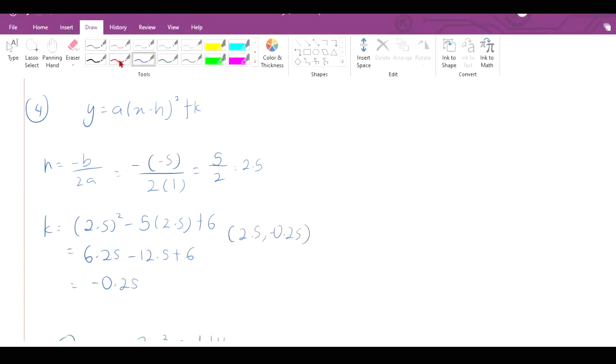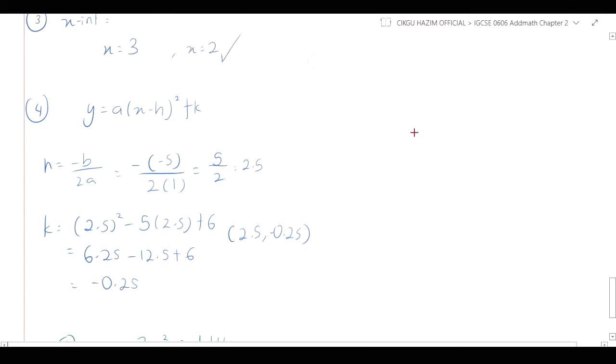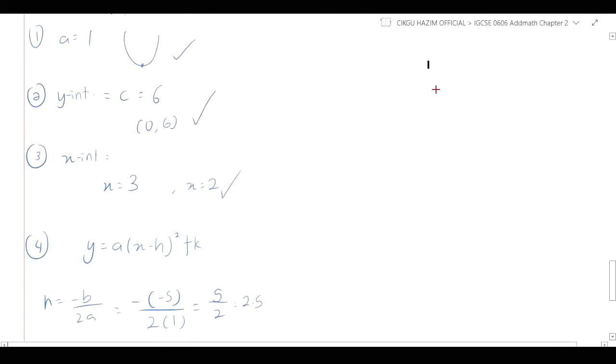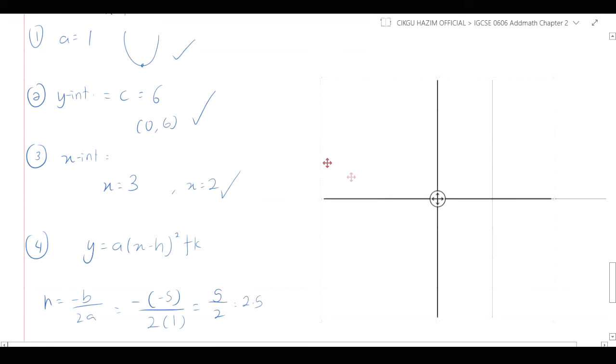Then we have everything. How do we sketch it? Let me show it to you one by one. Example here. I should use the black color so that you can see it clearly. Just imagine like that. This is the y-axis. You need to always label the x-axis.